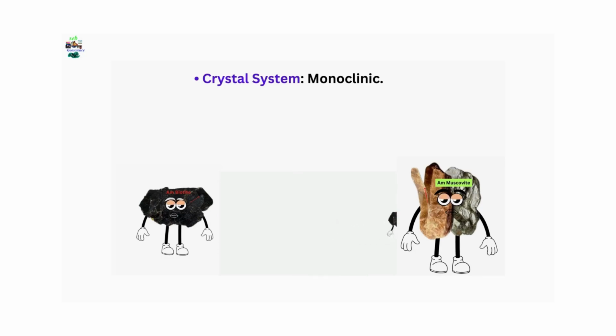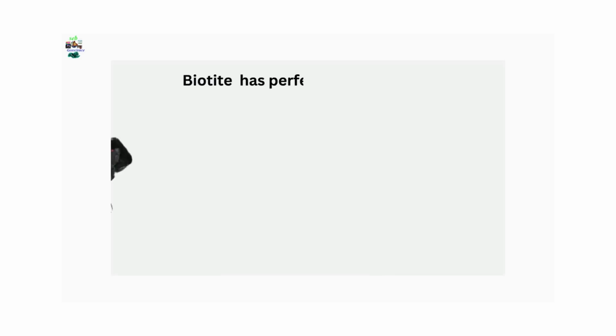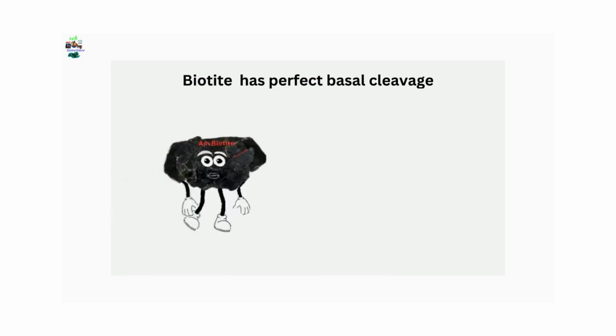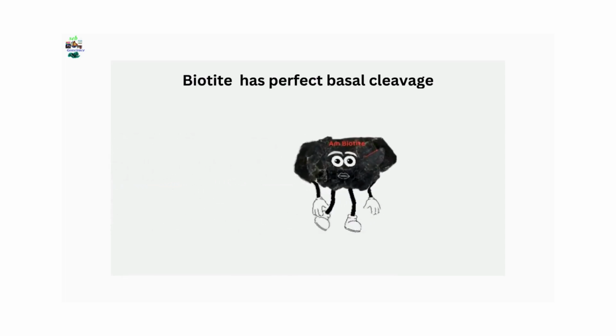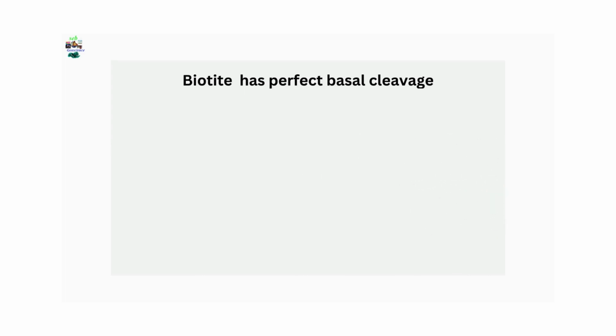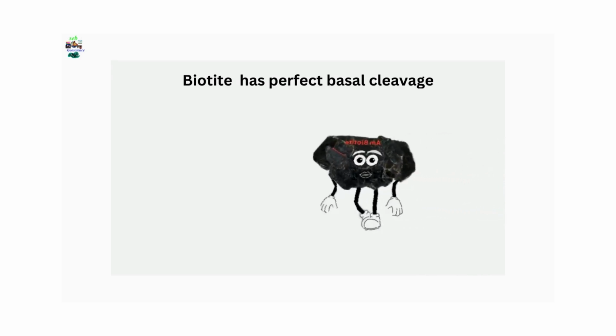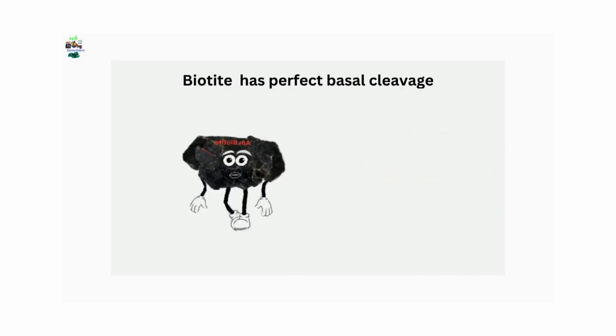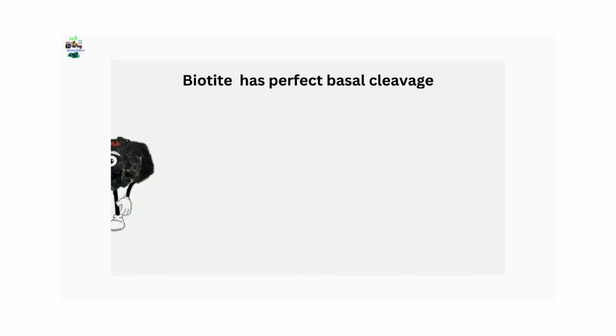So the crystal system of biotite is similar to that of muscovite, that is monoclinic. Perfect basal cleavage. Okay, these are the diagnostic features of the two most common mica minerals in the mica group.